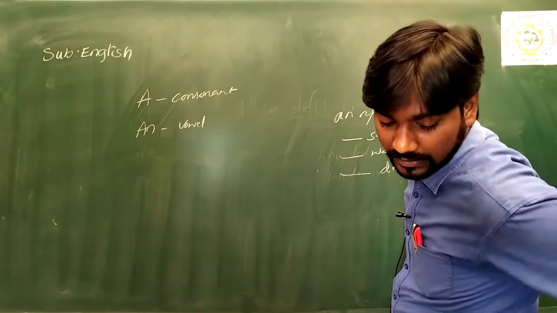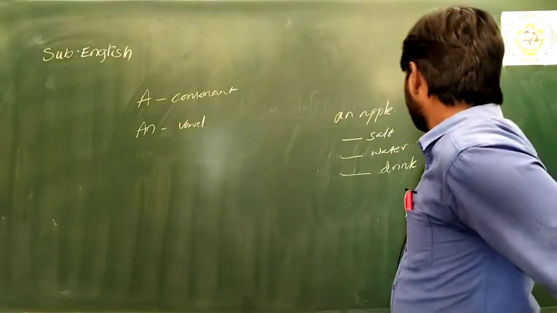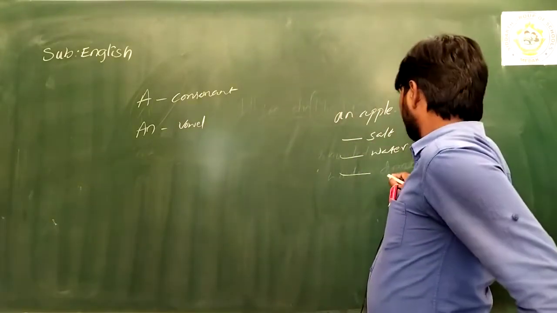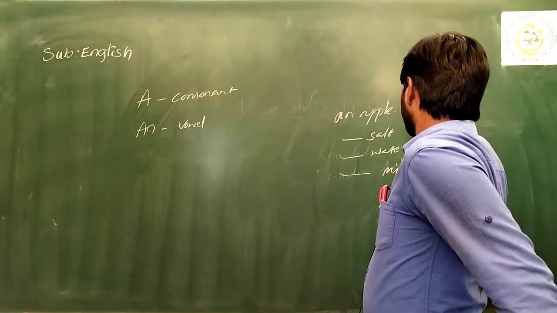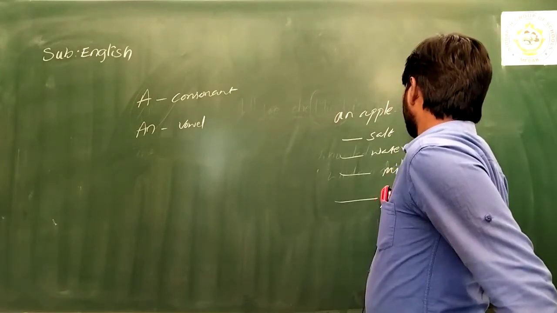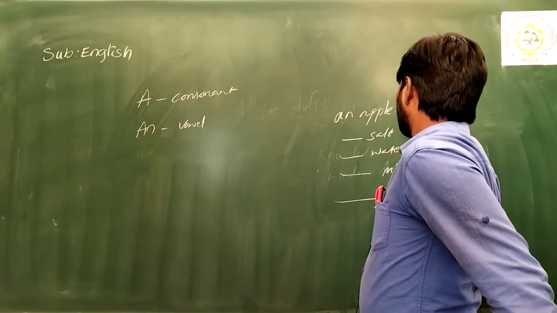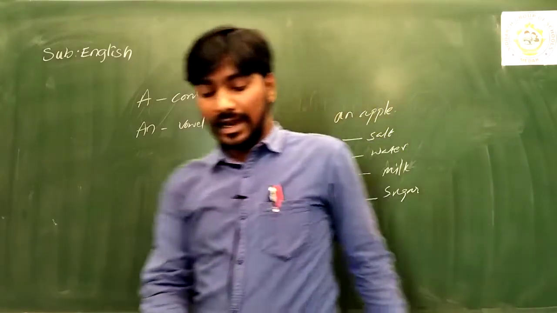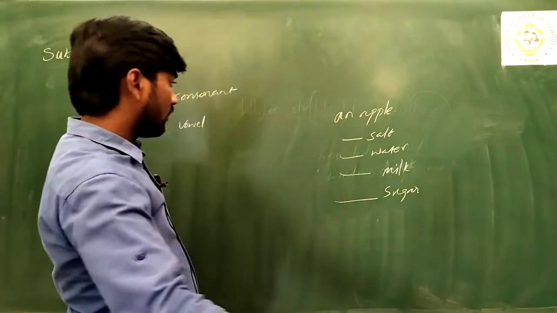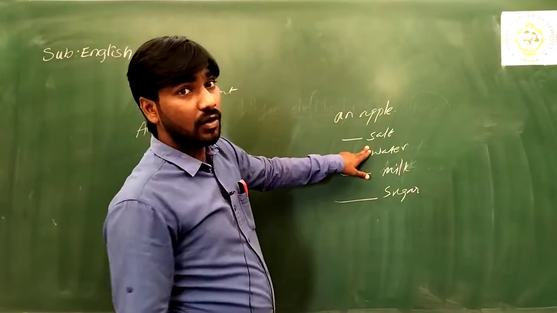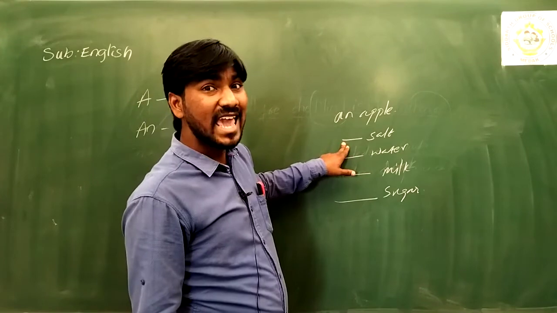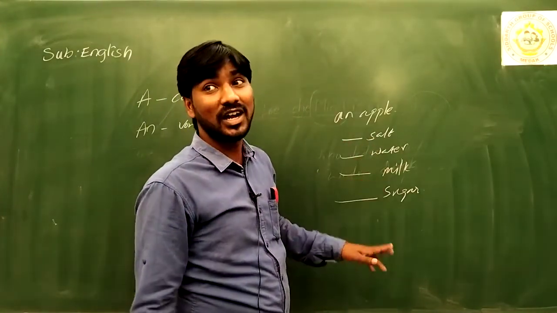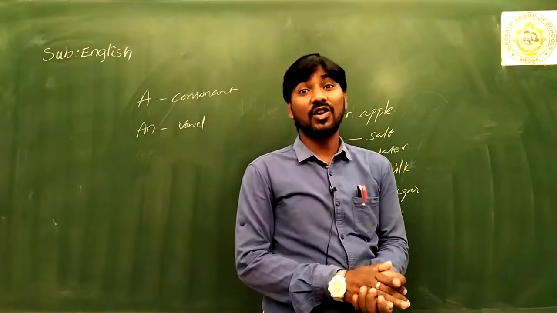Look at this, fill in the blanks: salt, water, milk, sugar. These begin with a consonant sound, so maybe you can use a here: a salt, a water, a milk, a sugar. No, we can't, according to rule number 2.